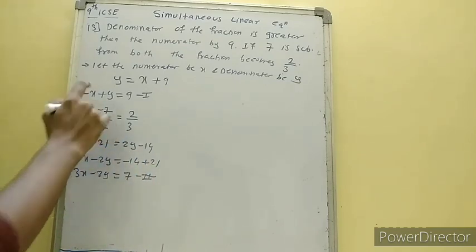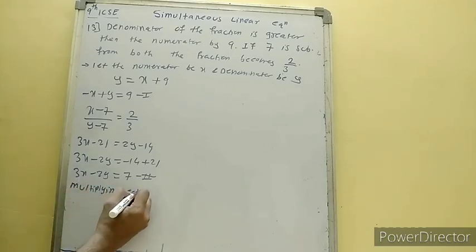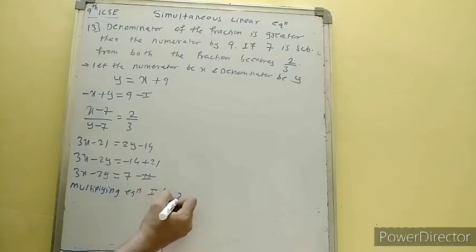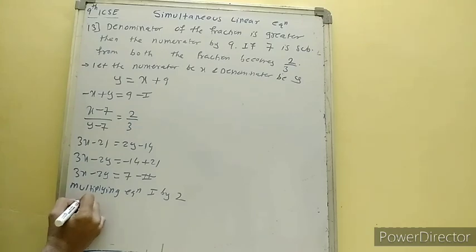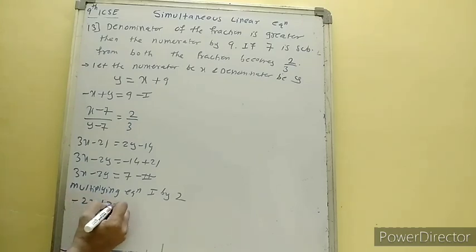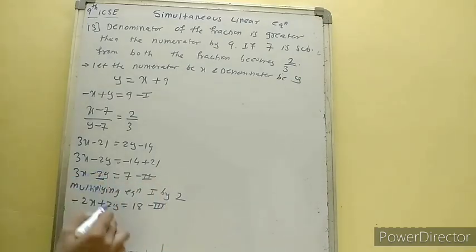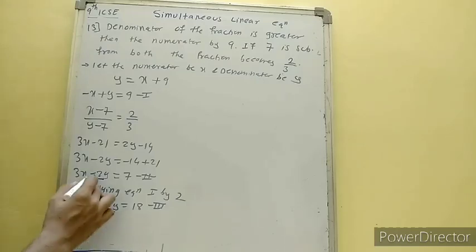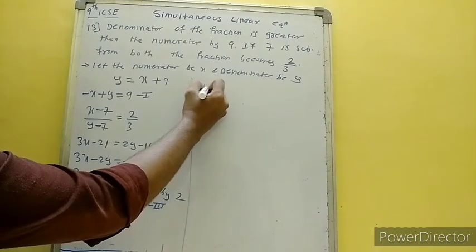Can I get 2y over here? So multiplying equation 1 by 2, we have minus 2x plus 2y is equal to 18. Equation number 3. We have minus 2y over here and plus 2y over here, so adding equations 2 and 3.